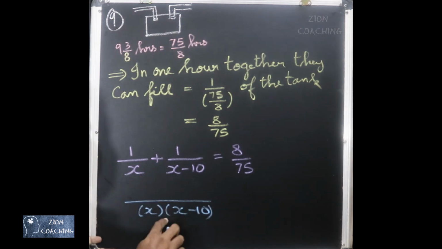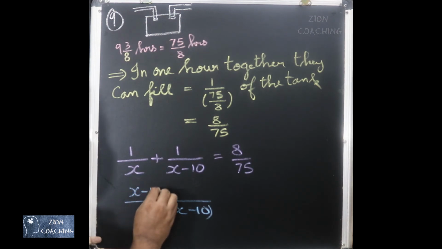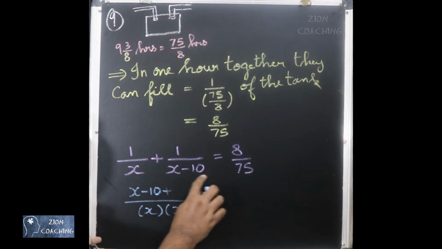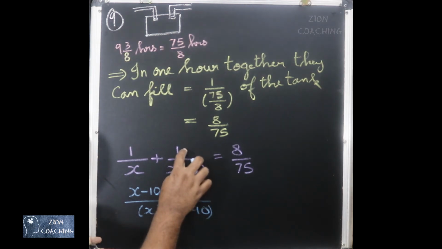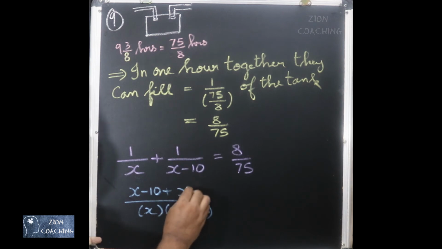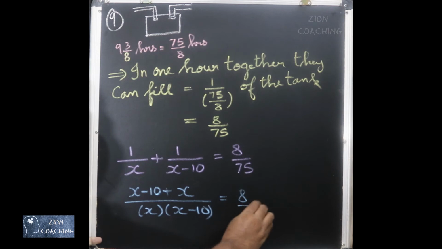Now to get the same denominator, we have to multiply this by x minus 10. So multiplying the numerator also by x minus 10, we are going to have x minus 10 plus, here we have x minus 10. To get this denominator, this x minus 10 should be multiplied by x. So multiplying the numerator also by x, we are going to get x equal to 8 by 75.